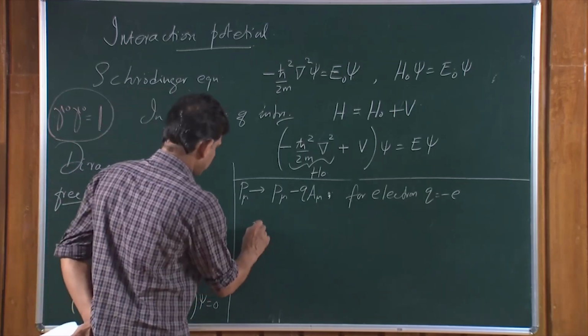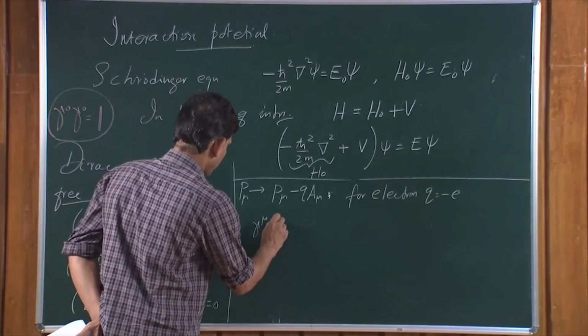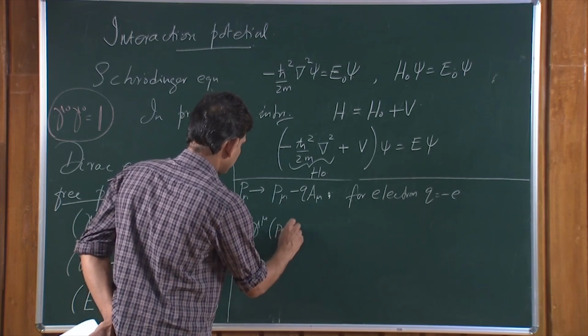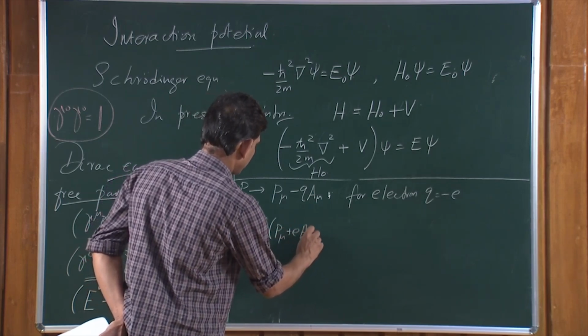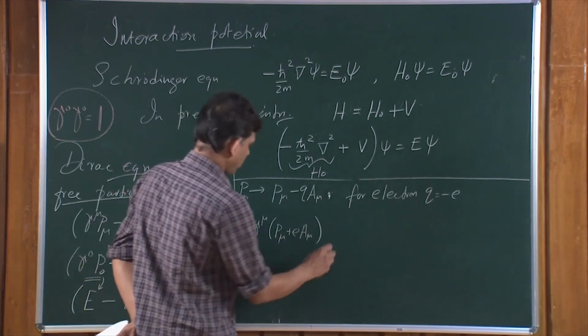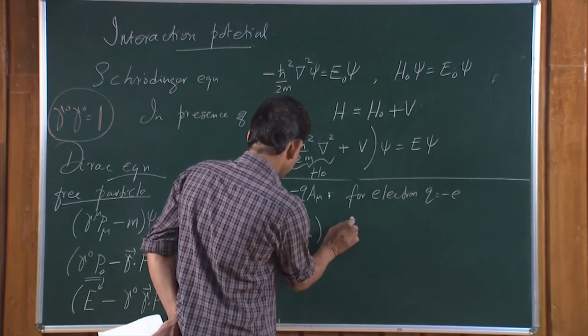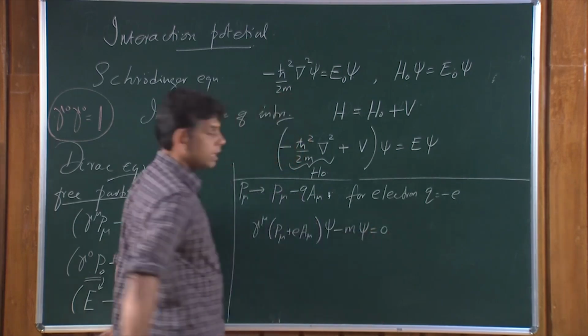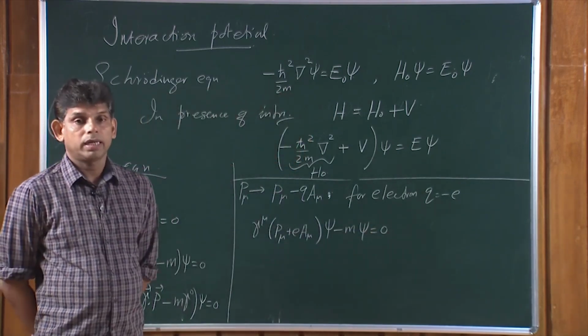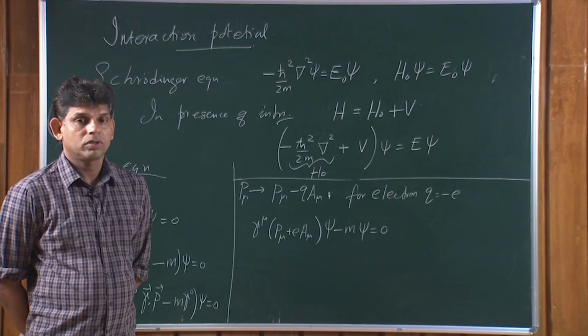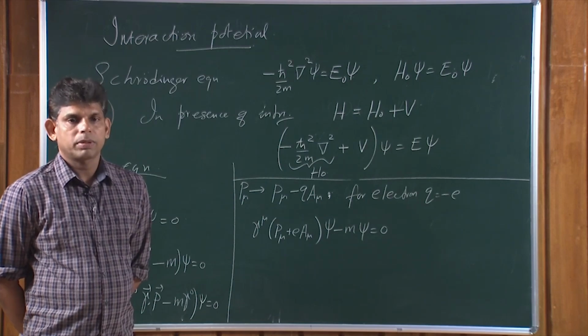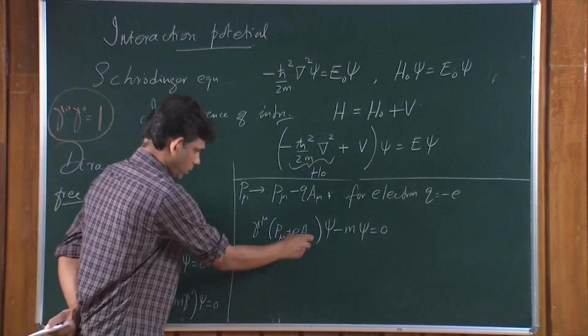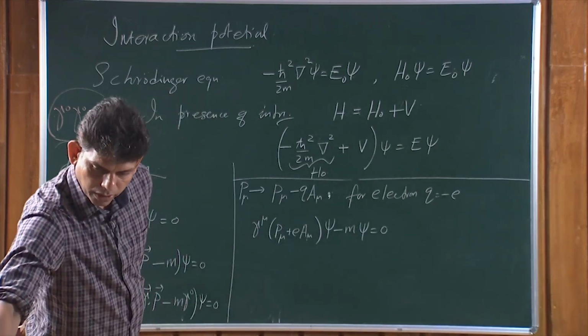So, let us write gamma mu times P mu plus e A mu, minus m, psi equal to 0. This is the Dirac equation for an electron interacting with the electromagnetic field represented by A mu.